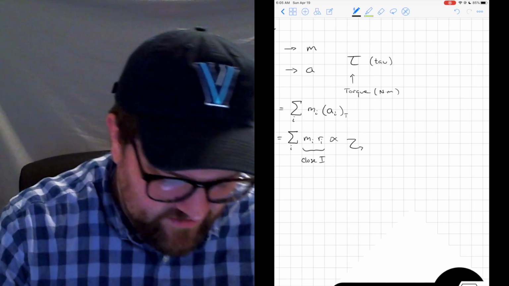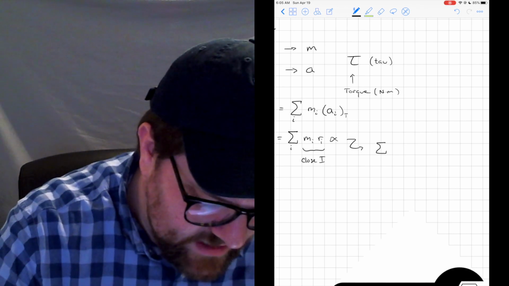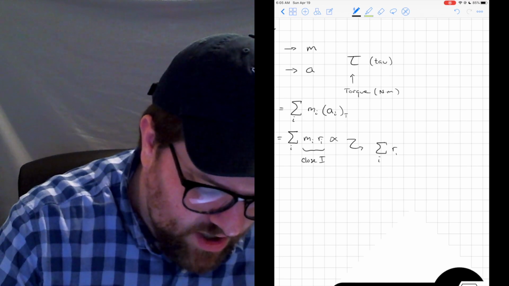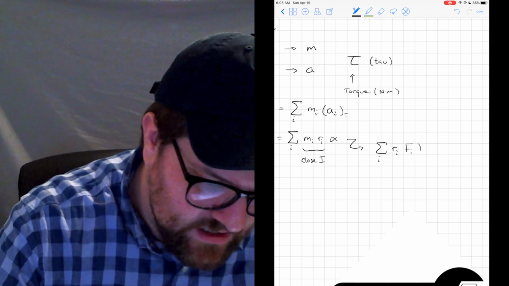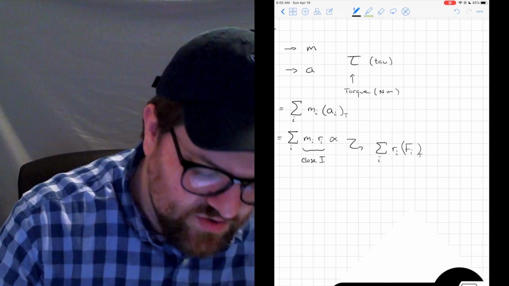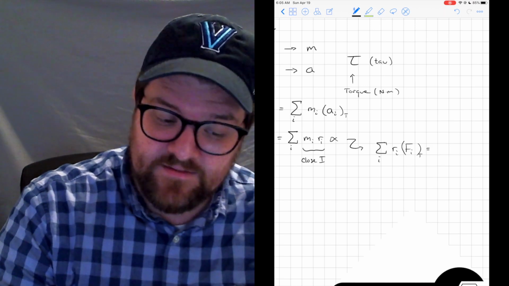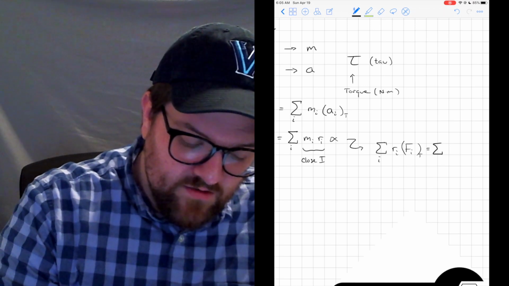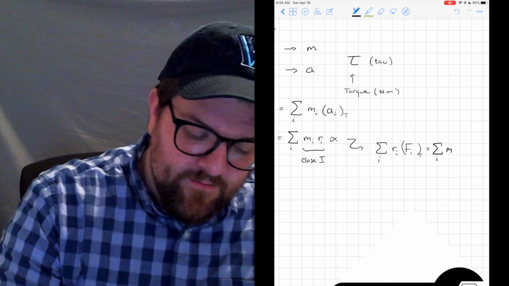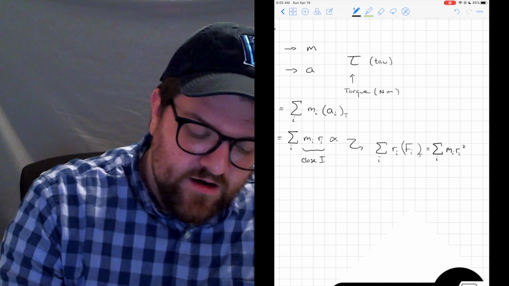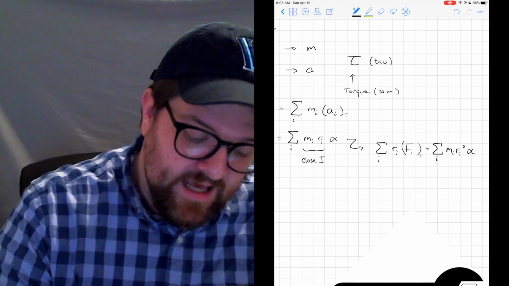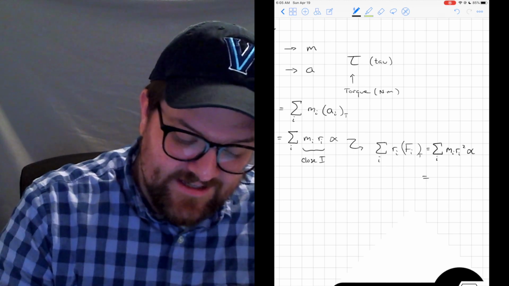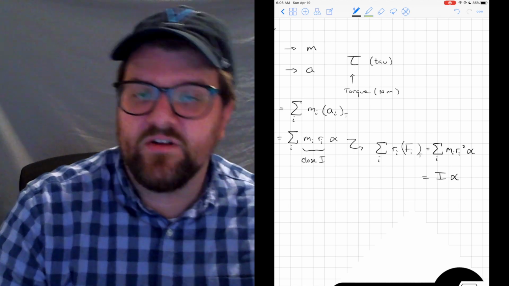Let's modify it. What if I take the sum over i of ri times Fi, which are these tangential forces? That would give me mi ri squared times alpha. And now what I can say is that this is equal to I alpha.